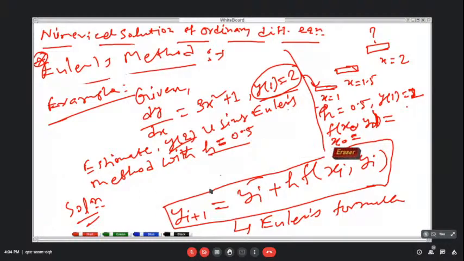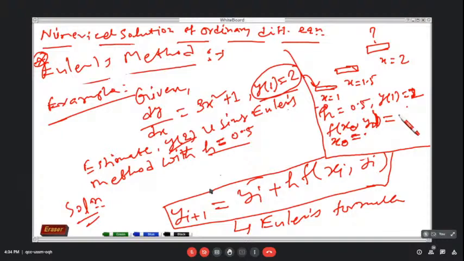Anyone? What is the value of x0 in this example? Which value or which point is known or given in this example?